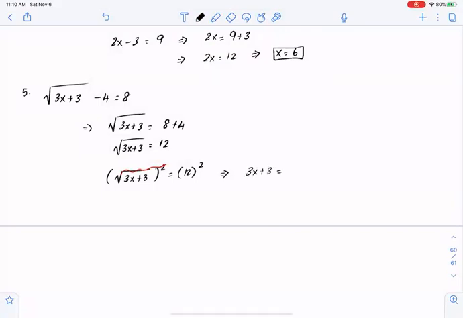So 3x plus 3 would equal to 12. Sorry, 12 squared, bad algebra. So 12 squared is 144. So 144 minus 3, which would mean 3x is equal to 141. Divide by 3 on both sides, we will have 141 divided by 3, which is 47.